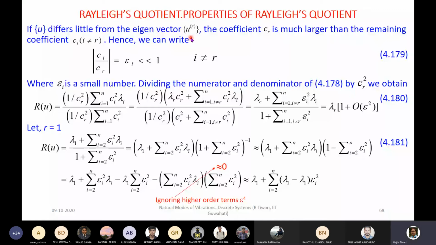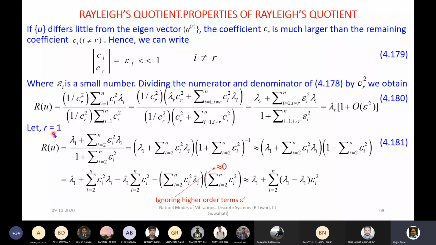So this is the higher order term. So Rayleigh's quotient will be equal to lambda r. Now, let us say I'm choosing r is equal to 1. Because I can choose r any value, so I'm choosing r is equal to 1.